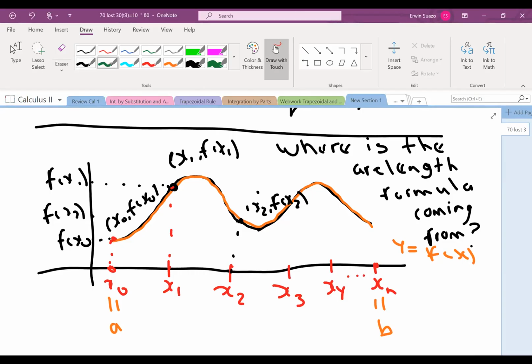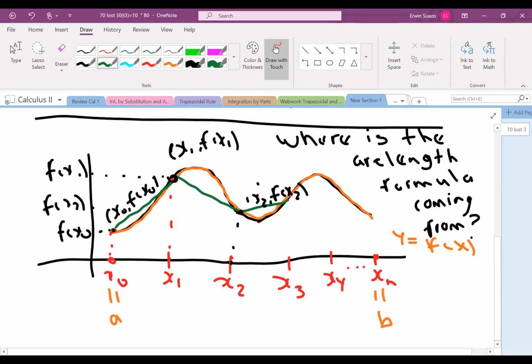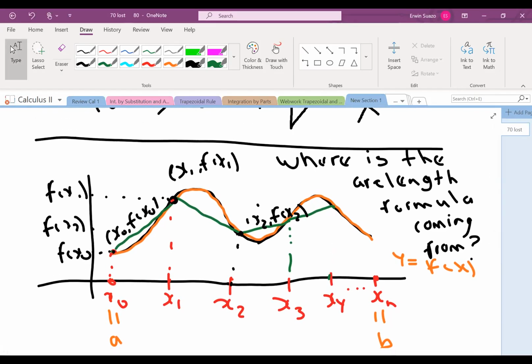So the length will be this length plus this length plus, let's say this is over here, this length, then this length, and then finally this length.